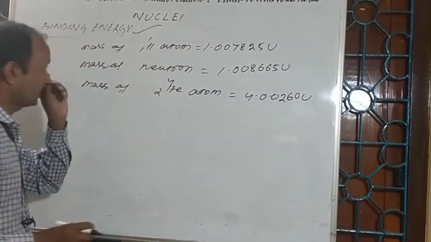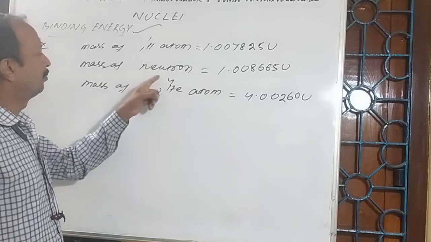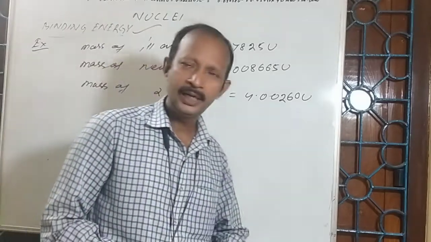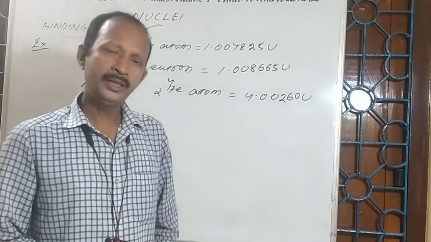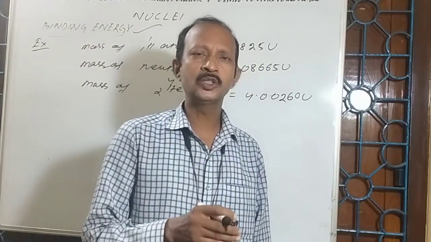I have written the mass of a hydrogen atom, mass of a neutron and mass of helium atom. So when they make one alpha particle, how much energy do they lose?